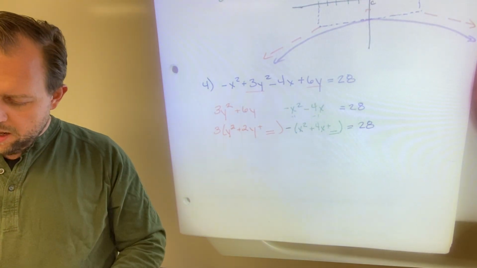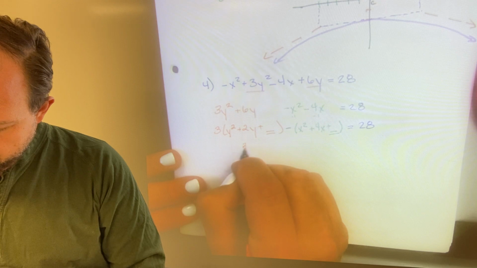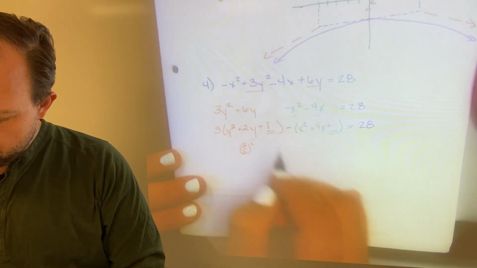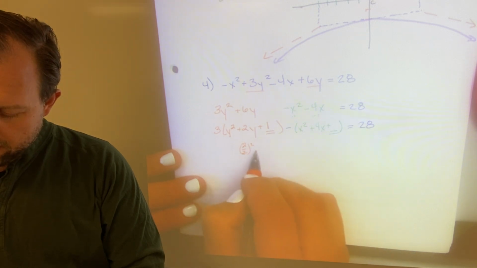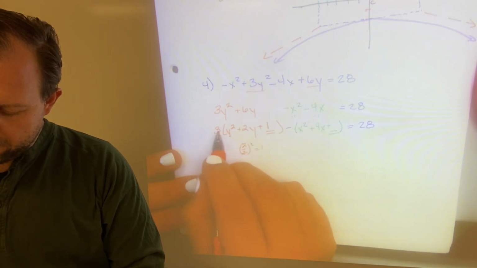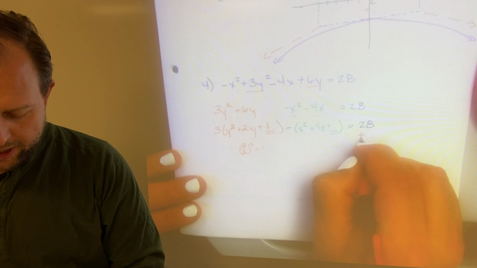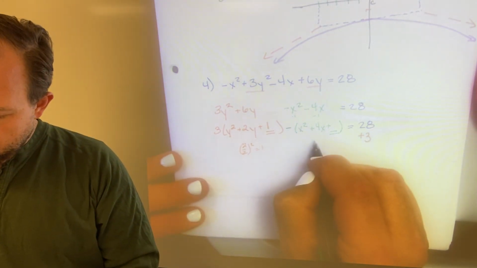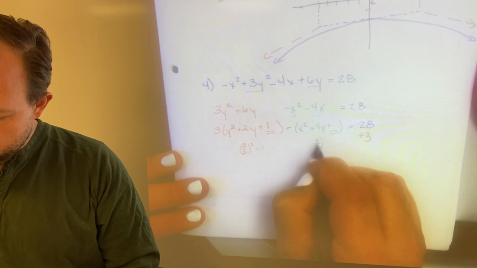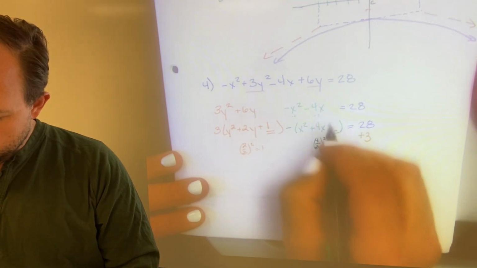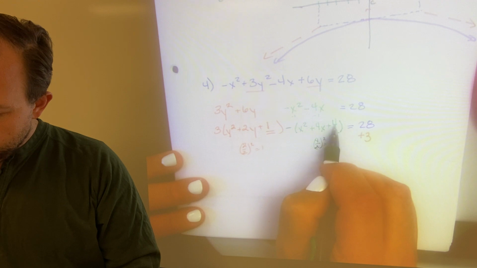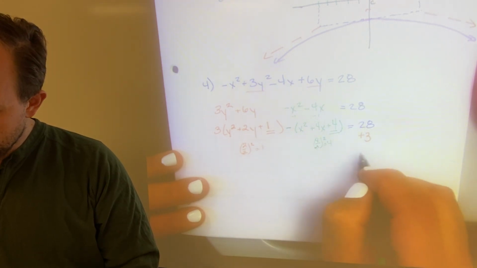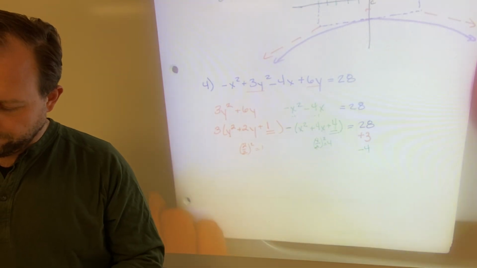Okay? So the 2 divided by 2 is 1. 1 squared is 1. So we're adding a 1 here. That is 1 times 3 is 3, so we're actually adding 3 to both sides. Here, the 4 divided by 2 is 2. 2 squared is 4, so we're adding a 4, but really we're adding a negative 4, so we're subtracting a 4.